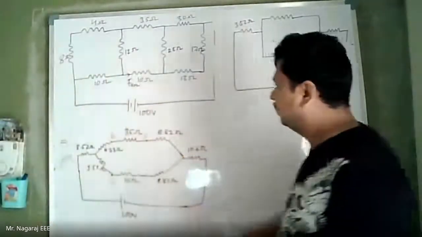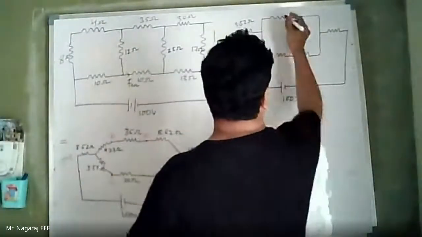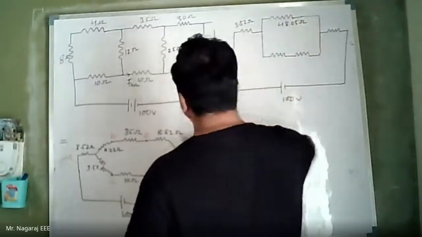This is 4.23 plus 8.82 plus 35. It is 48.05 ohms.